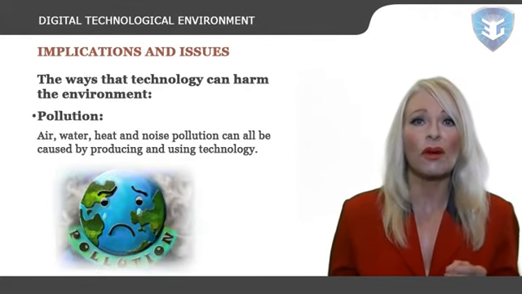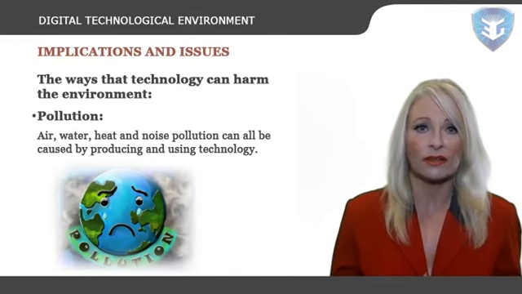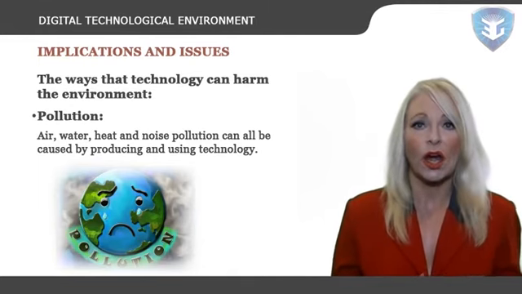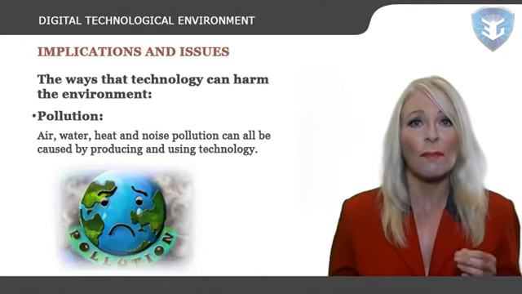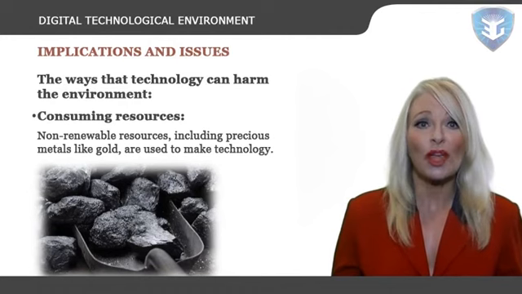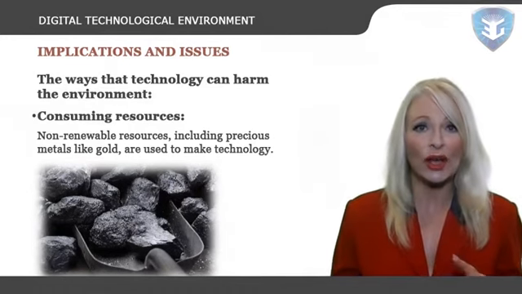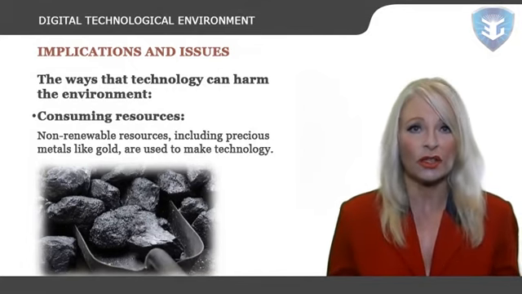Here are a few of the ways that technology can harm the environment. Pollution. Air, water, heat, and noise pollution can all be caused by producing and using technology. Consuming resources. Non-renewable resources, including precious metals like gold, are used to make technology.